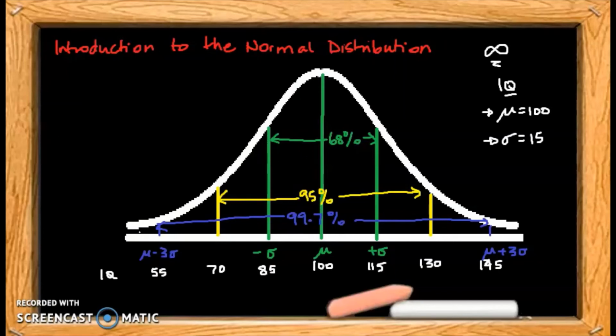Now, because these intervals are regularly placed and they're symmetrical, we can also work out the number of people we would expect to have, for example, between here and here, or even here and here, and so on. Remember, the middle is the mean, and for the normal distribution, it's also the median and the mode, which means 50% of my data is to the right and 50% will also be to the left.